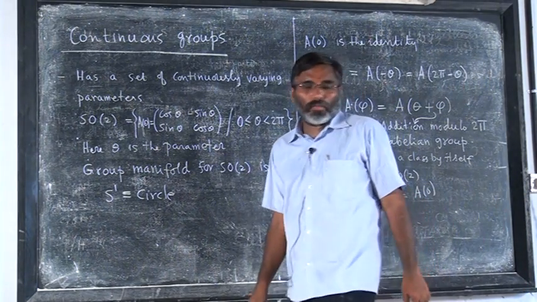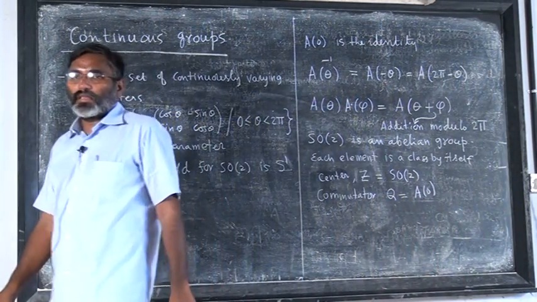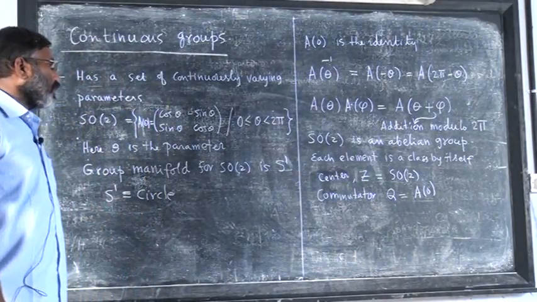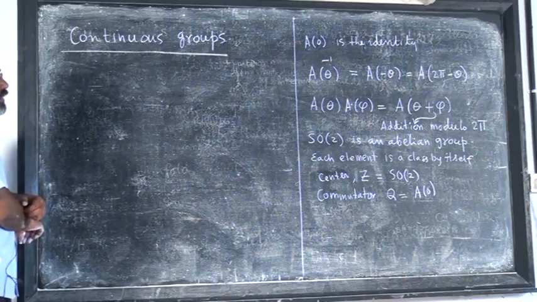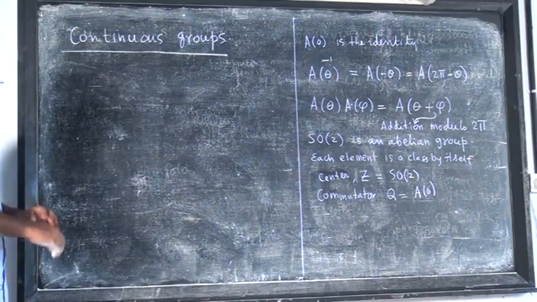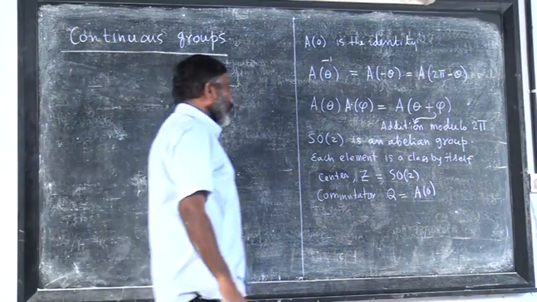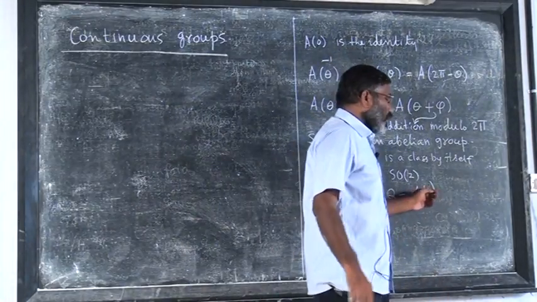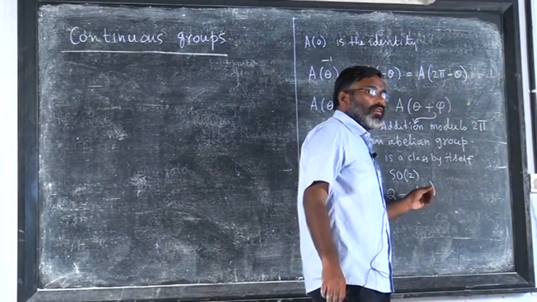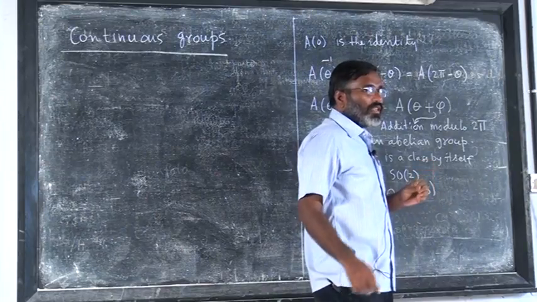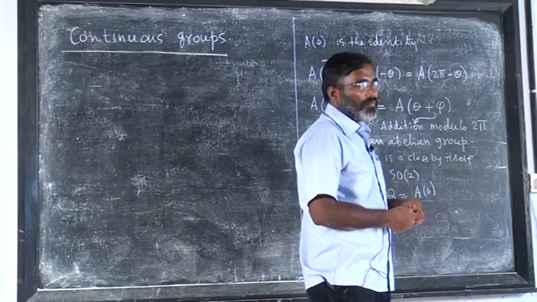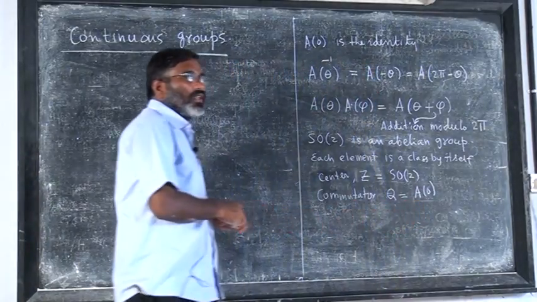Only identity is the commutator. Whenever you have an abelian group, this is the case. The commutator group is just the identity element. Since each class is an element by itself, what can we say? We have only one-dimensional irreducible representations. All irreducible representations are one-dimensional.